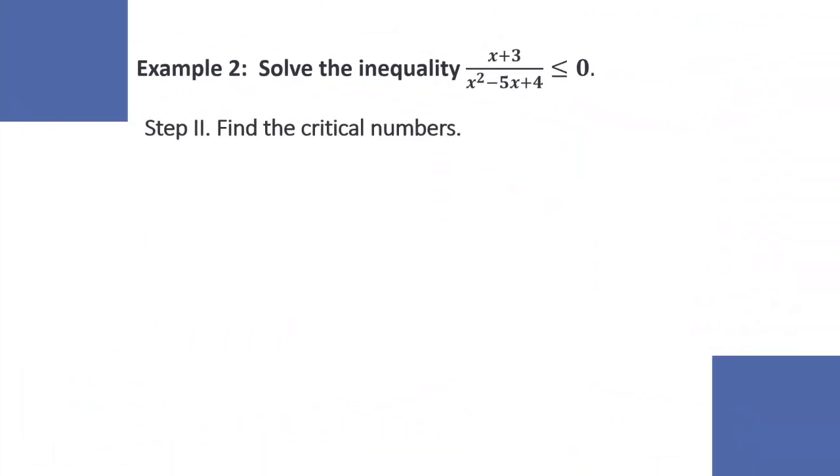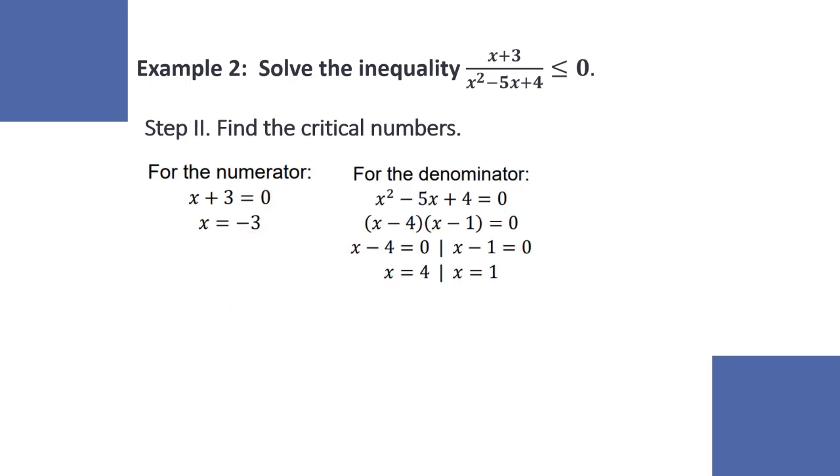Step 2, find the critical numbers. The numerator here is x plus 3. Equate it to 0: x plus 3 equals 0, so x is equal to negative 3. The positive 3 is transposed to the other side, so it becomes negative. Next, for the denominator, we have x squared minus 5x plus 4 equals 0.